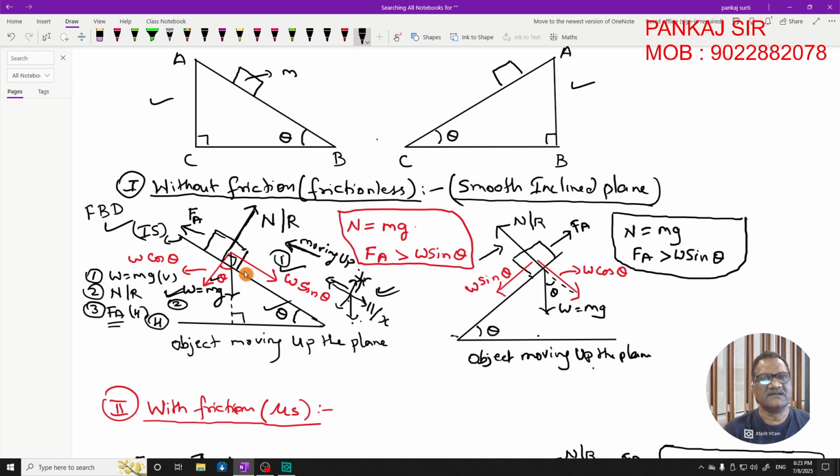Is that clear? So you can write N is equal to w cos theta because they are equal to each other. So N equal to mg cos theta. Is that clear? So normal reaction will be equal to mg cos theta, which is the perpendicular to the inclined plane component of mg. Right?